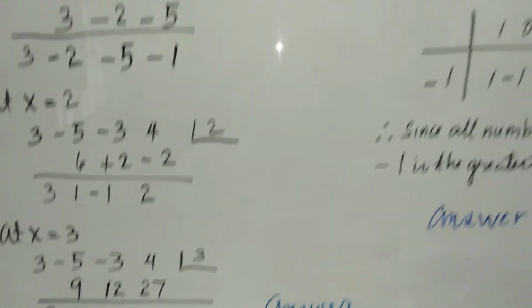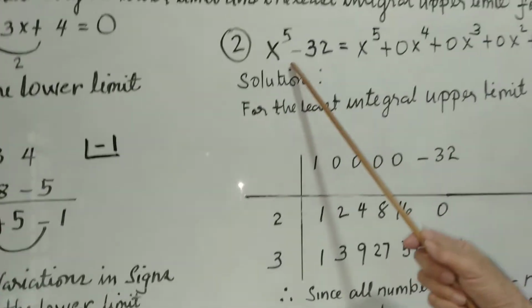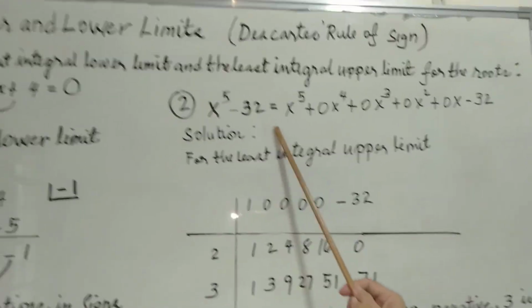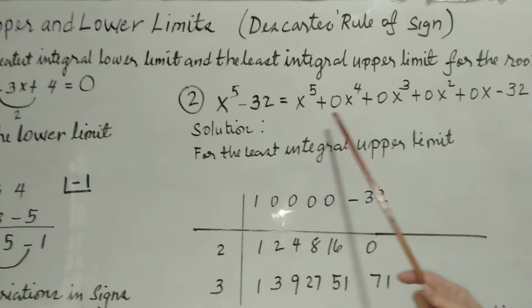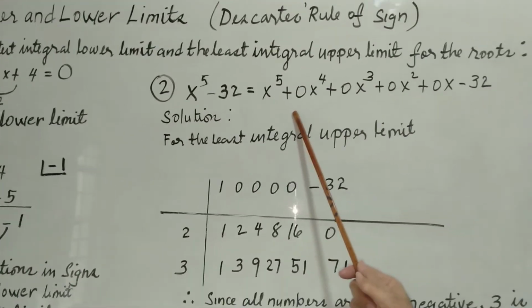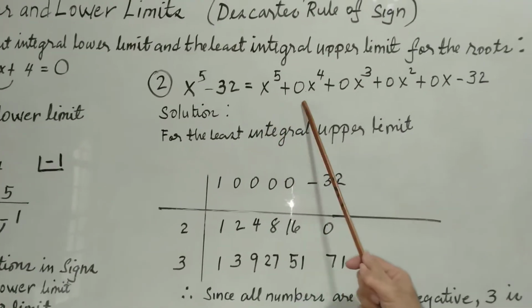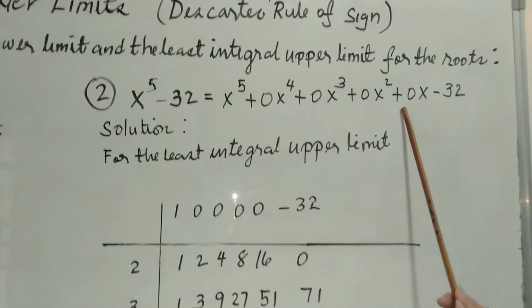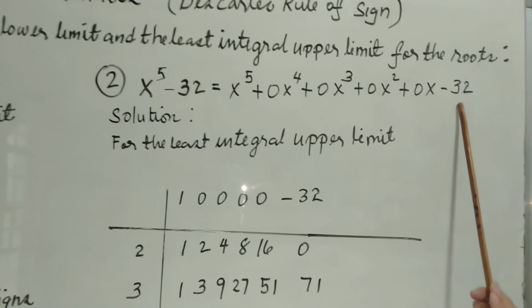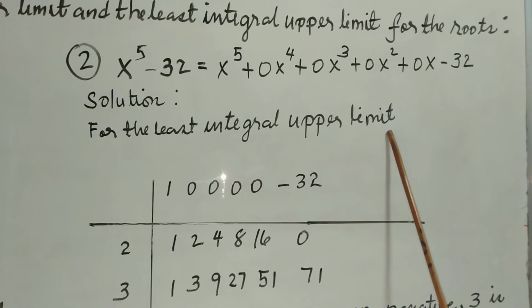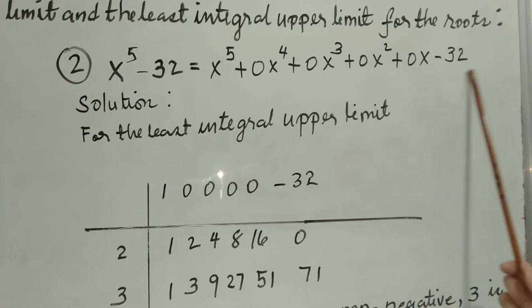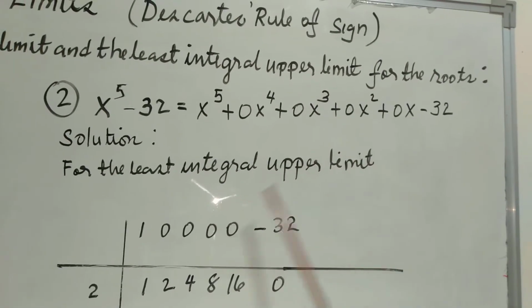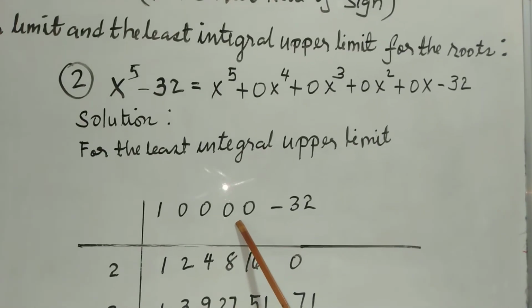So we go to number 2. x to the fifth minus 32. We can write that using synthetic division. So for x to the fifth, we supply all the zeros for its numerical coefficient, minus 32. So for the least integral upper limit, we copy all the coefficients, including the supplied zeros.